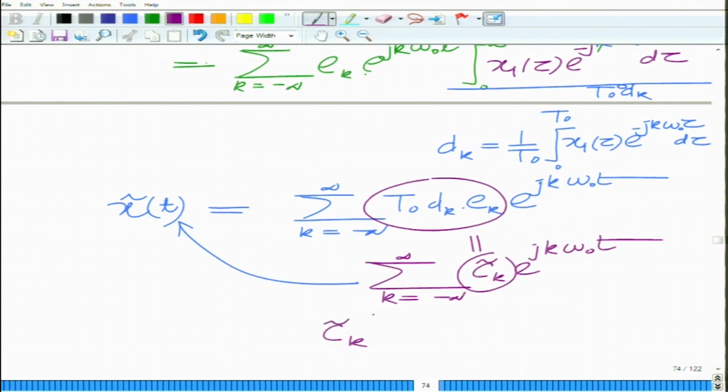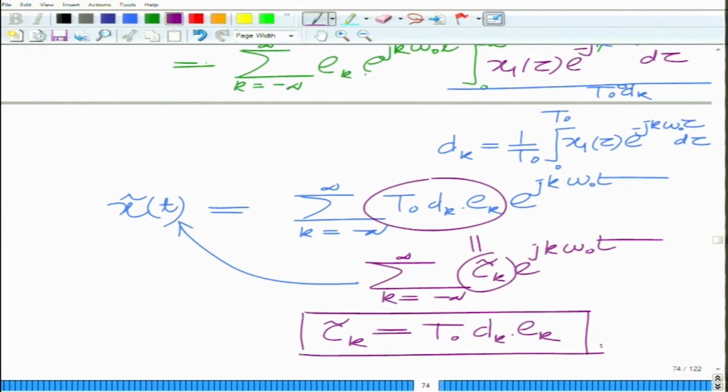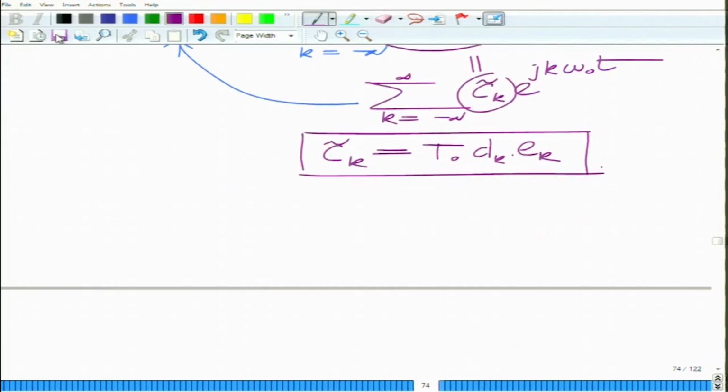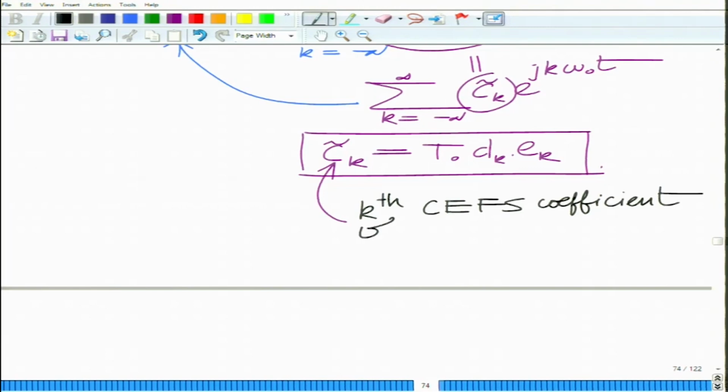This implies that c tilde k, the complex exponential Fourier series coefficient of x tilde t, the periodic convolution of x1 t and x2 t, is t naught dk e k.